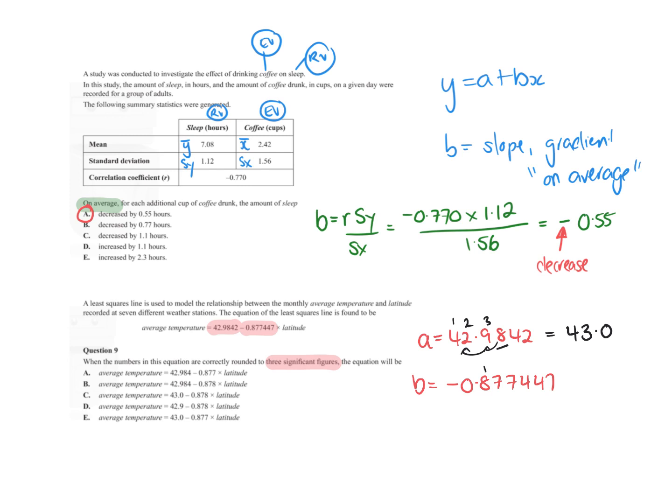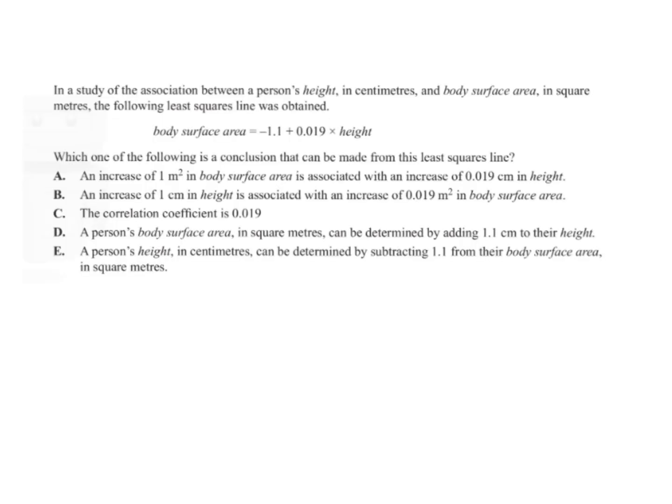If we count 1, 2, 3, from the first non-zero, the last one's a 4, so it's negative 0.877. So which one was the answer for that one? E. Good.